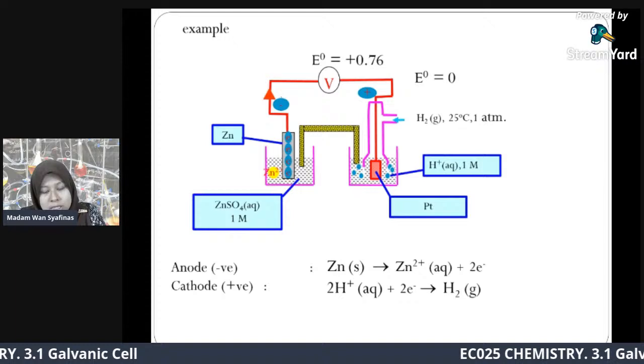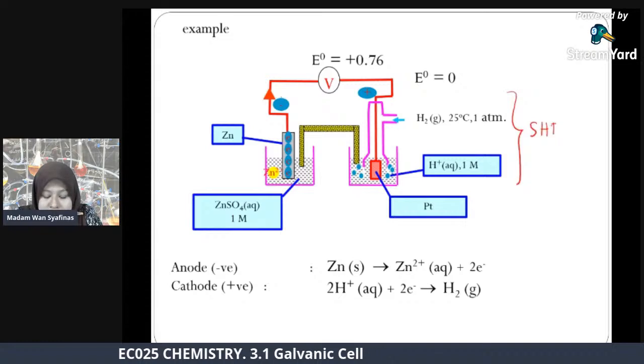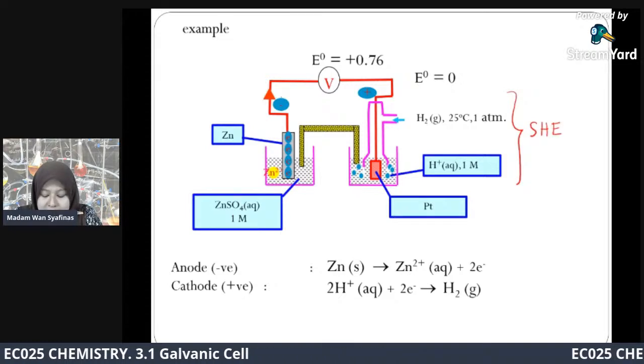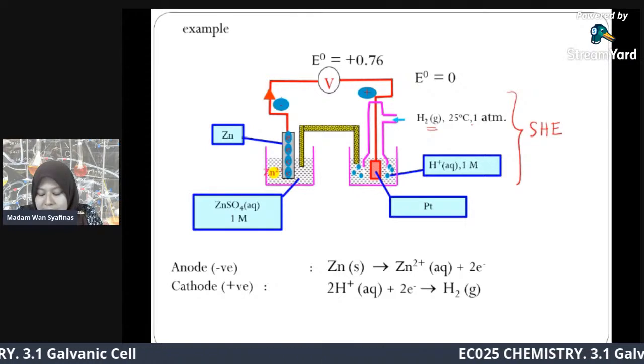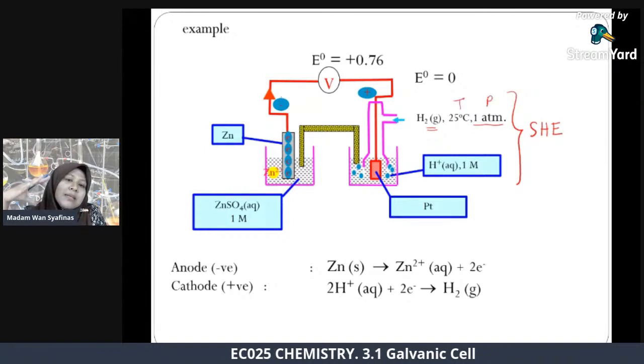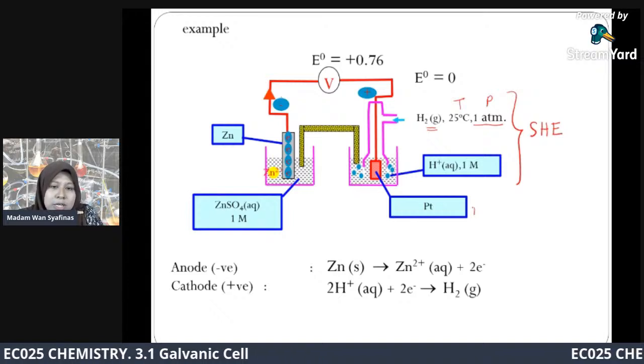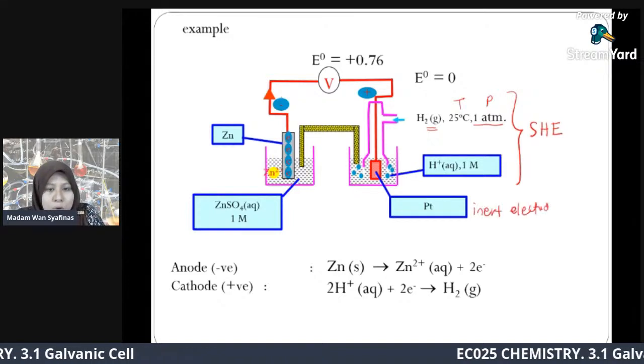So ingat kalau SHE dia mesti ada hydrogen gas, so pressure dia mesti 1 atm, temperature dia 25 degree Celsius, and kita ada platinum electrode. Yang ni kita panggil sebagai inert electrode. So this inert electrode must immerse, dia mesti tenggelam, immerse in H plus aqueous ion. Okay, concentration electrolyte ni mesti 1 molar.